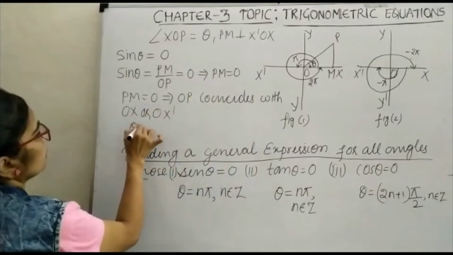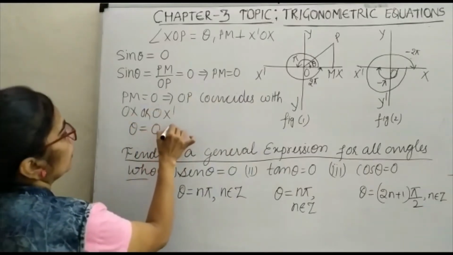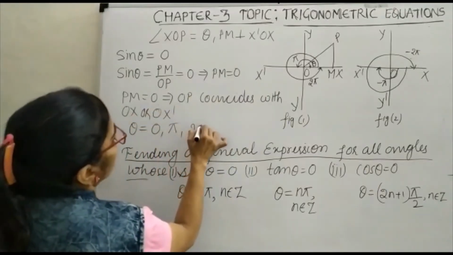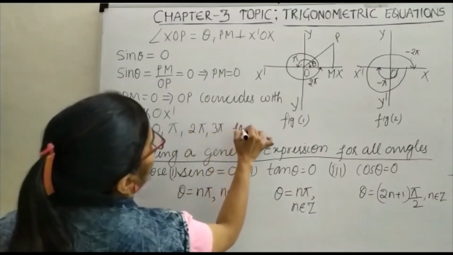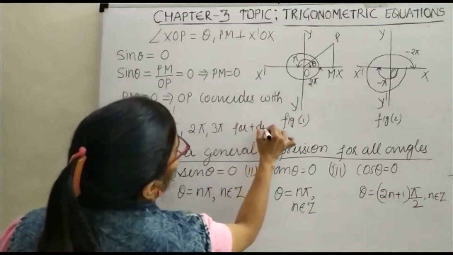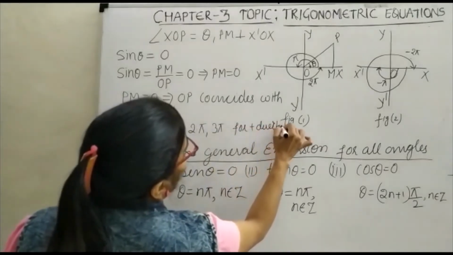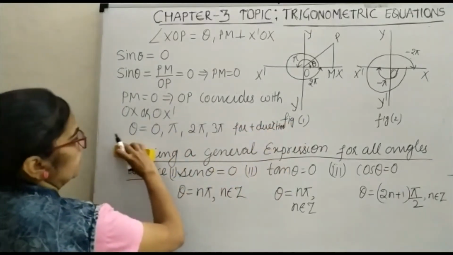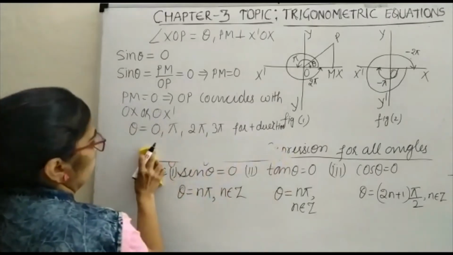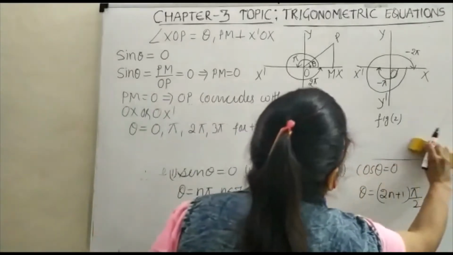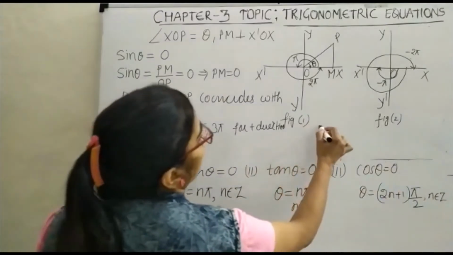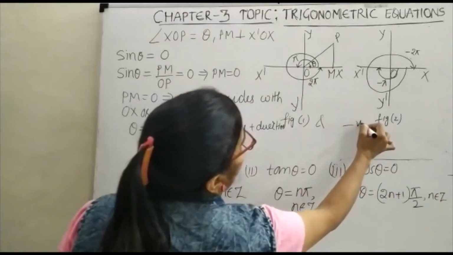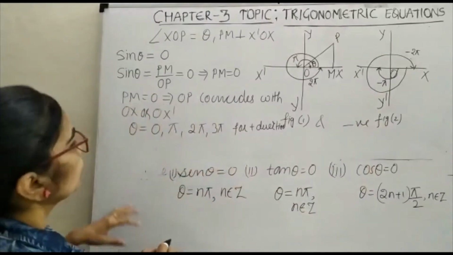That means theta is equal to 0, pi, 2 pi, 3 pi for the positive direction in figure 1, and negative direction in figure 2.